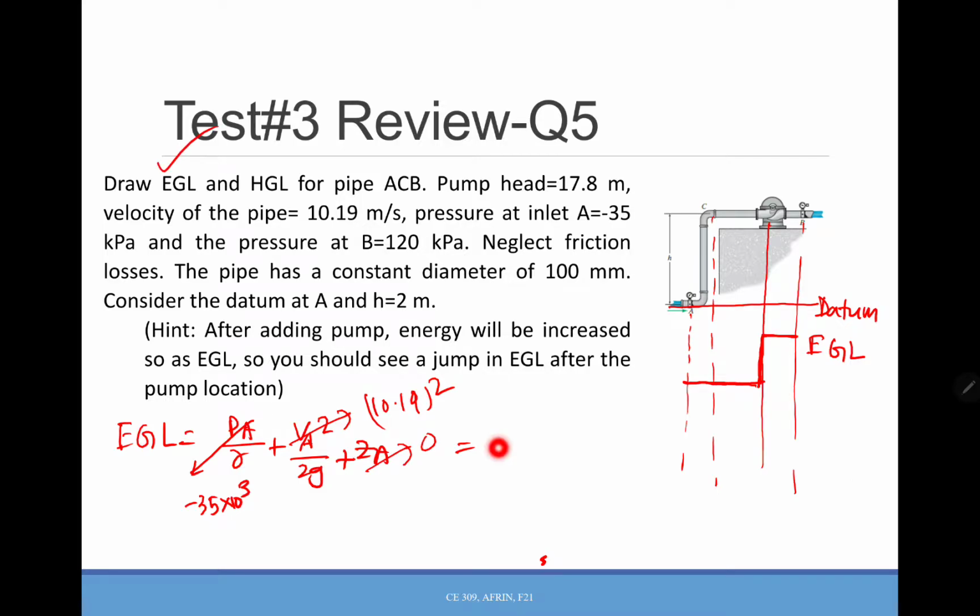Now for the HGL, the EGL and HGL are connected that way.